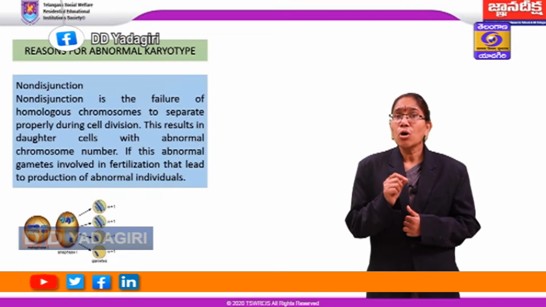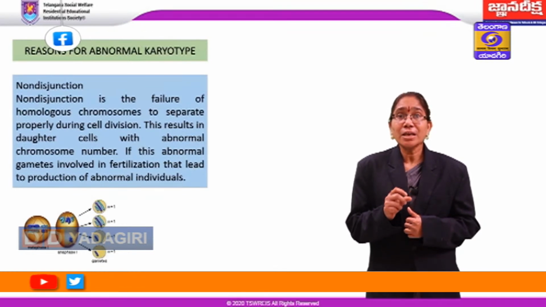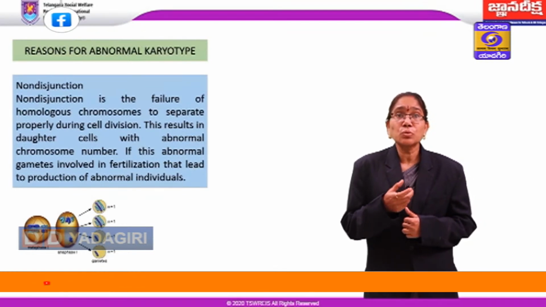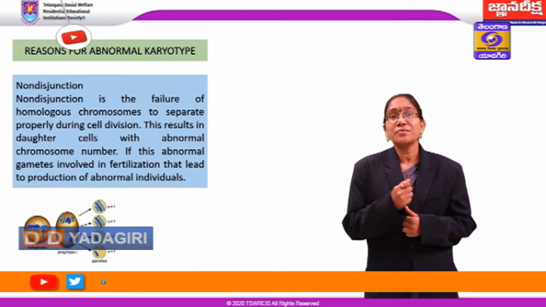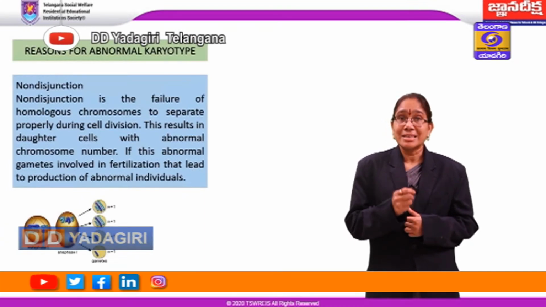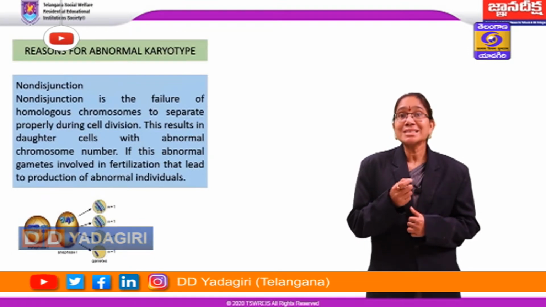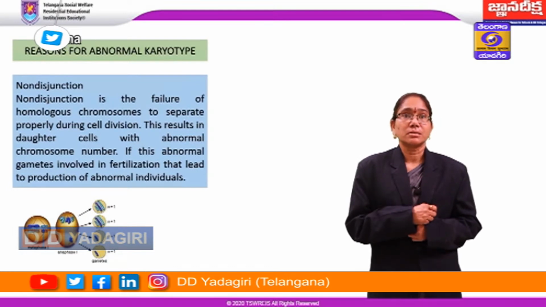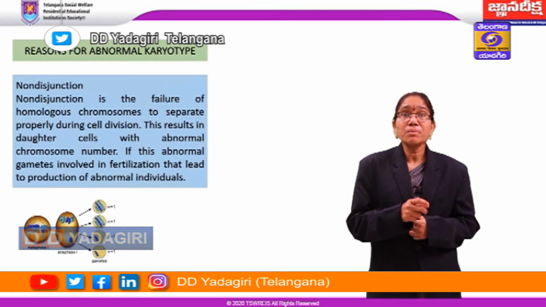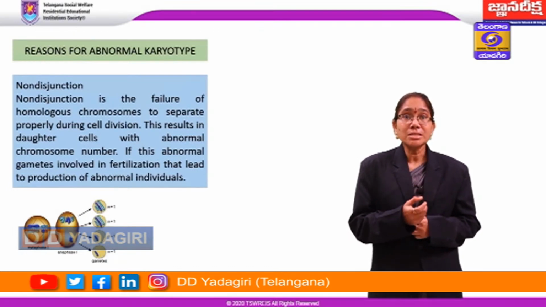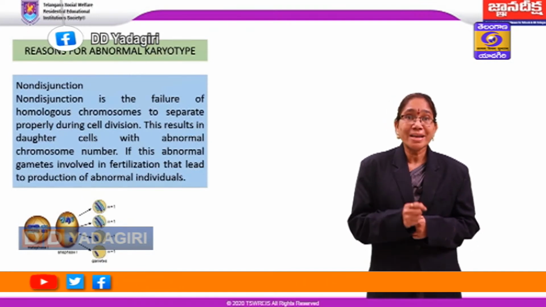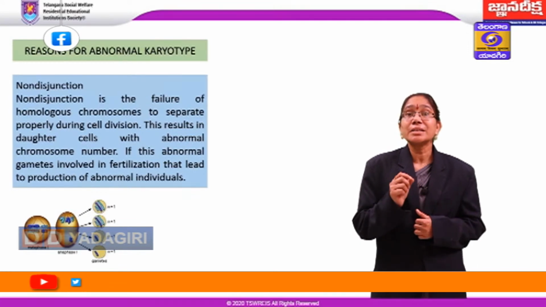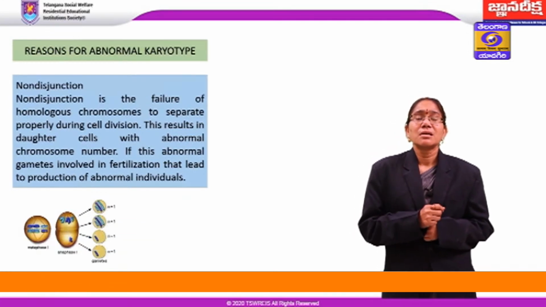Non-disjunction is the failure of homologous chromosomes to separate properly during cell division. This results in daughter cells with abnormal chromosome numbers. If these abnormal gametes are involved in fertilization, that leads to the production of abnormal individuals.